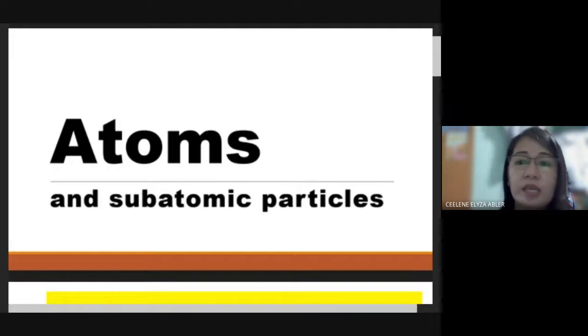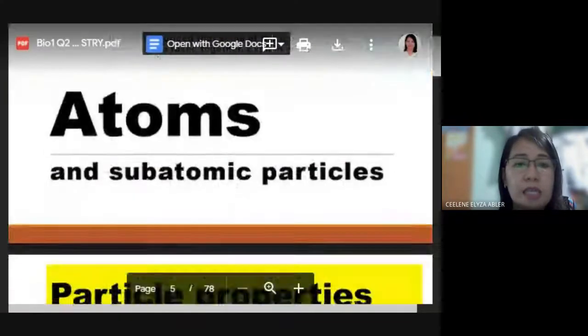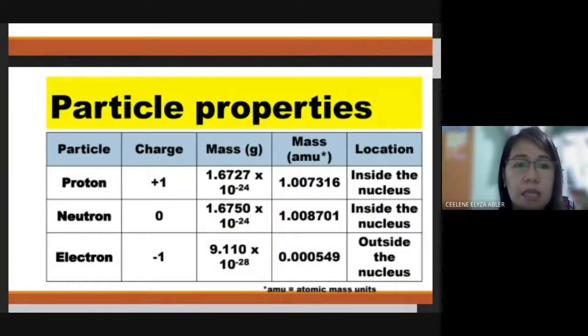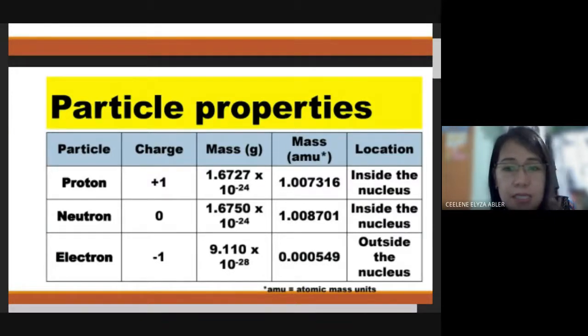Let's review first: what are atoms and what are subatomic particles? Let's review the particle properties. From the data you discussed with Sir Sarah before, a proton has a positive charge, an electron has a negative charge, and a neutron has no charge at all.